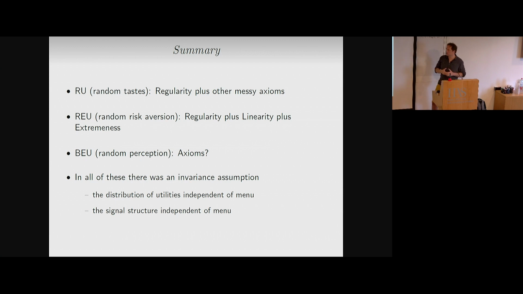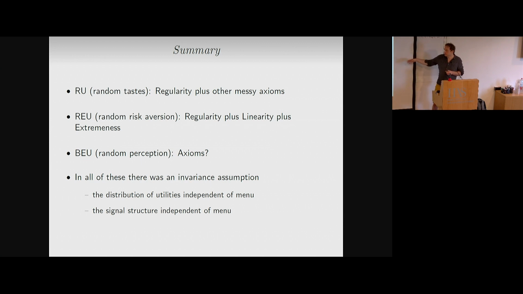So these are models of what Mike was calling late noise. This is a model of early noise. I didn't mention any axioms because I don't know what they are. There are a lot of papers using this model, but in most of them, the bite comes out of functional form assumptions, and I don't know what the model itself actually excludes.